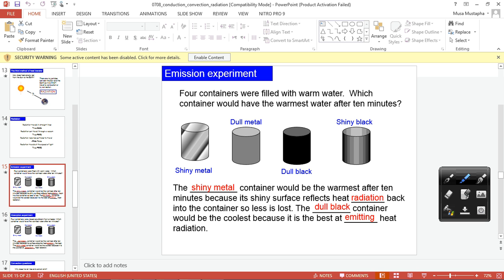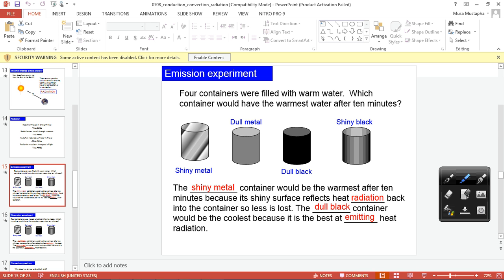The containers are shiny metal, dull metal, dull black, and shiny black. The shiny metal container will be the warmest after 10 minutes because its shiny surface reflects heat radiation back into the container, so less is lost. The dull black container will be the coolest because it is the best at emitting heat radiation.